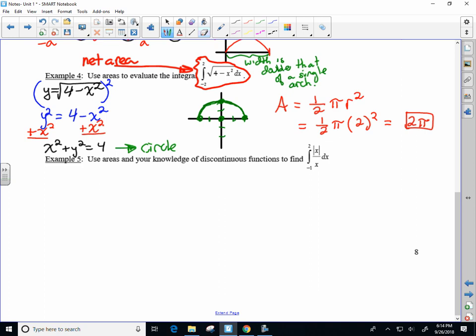All right? And that's a fact that you need to know. An antiderivative over an interval, so a definite integral, gives a net area in all circumstances. Sometimes that net area is negative, sometimes it's positive, but it gives you the net area after the interval is completed.